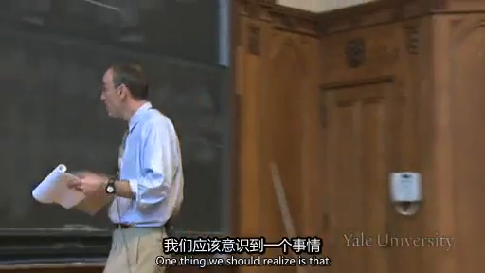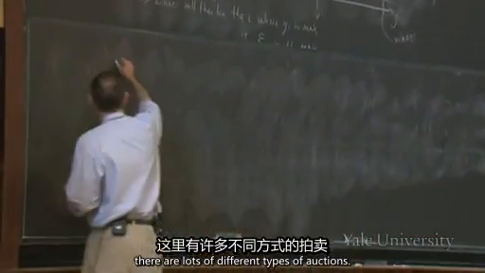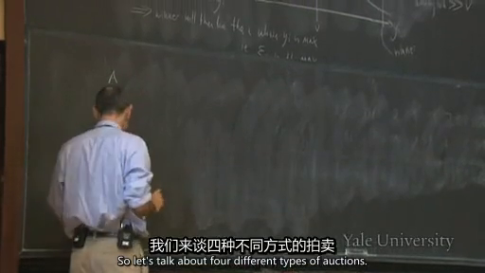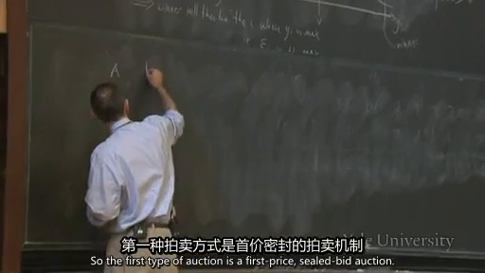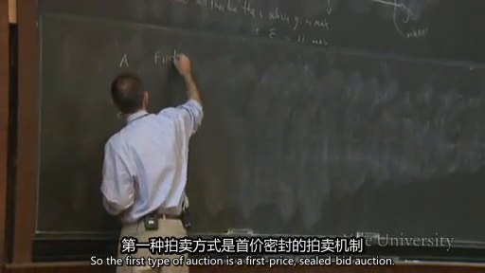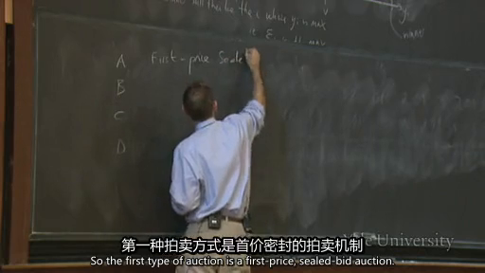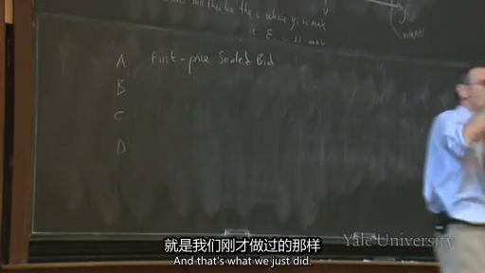And one thing we should realize is that there are lots of different types of auction. So let's talk about 4 different types of auction. Let's call them A, B, C, and D. So the first type of auction is a first price sealed bid auction. And that's what we just did.